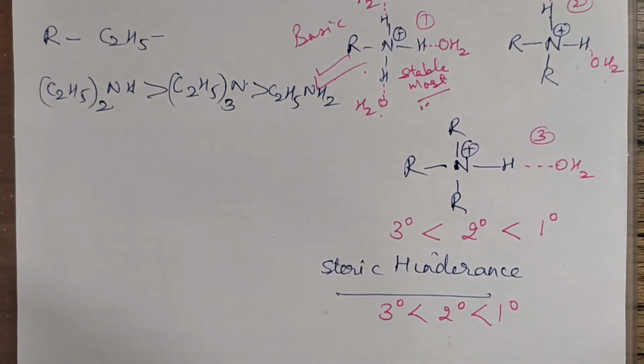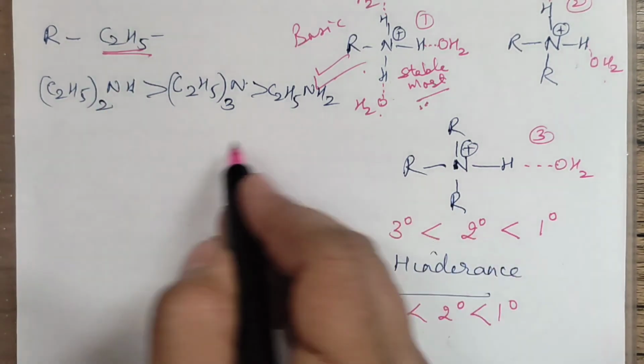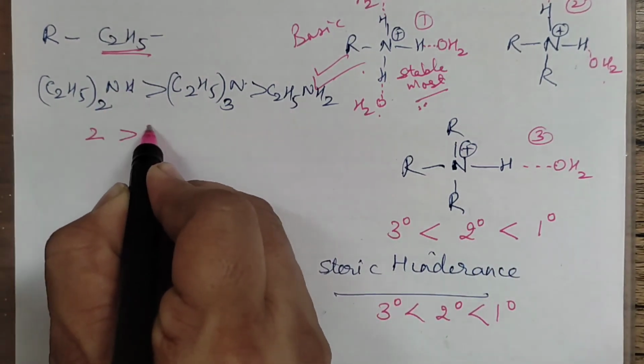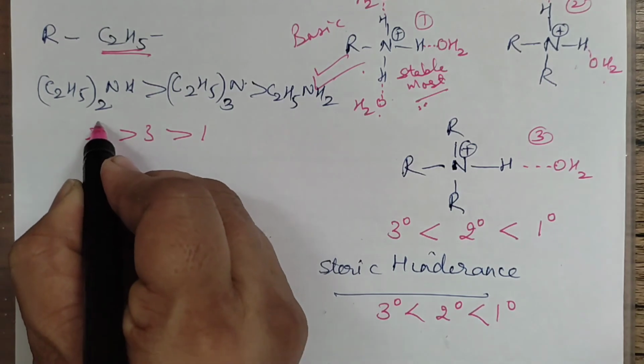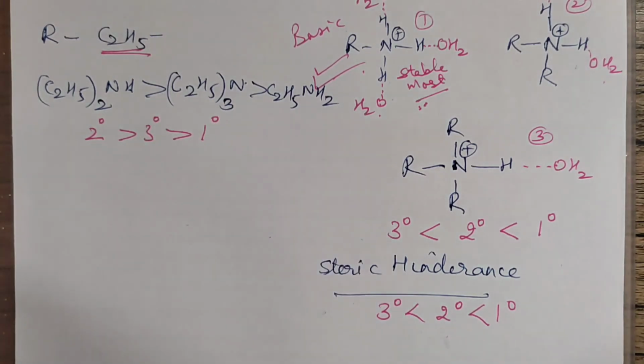So what is the way you are learning? If it is ethyl radical they are talking about, the order is 2, 3, 1. That means 2 degree is most basic, 3 degree, and then 1 degree. Clear? Because you are applying all three factors, putting together.